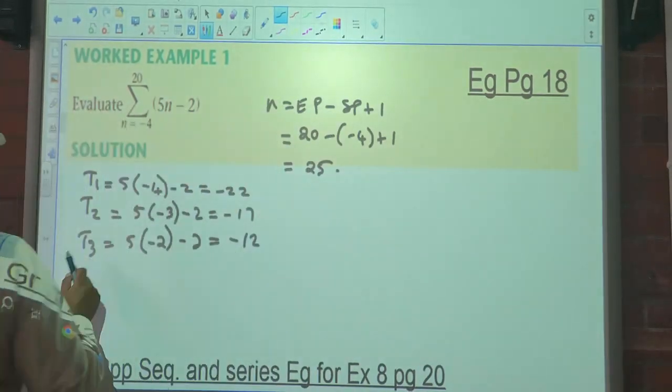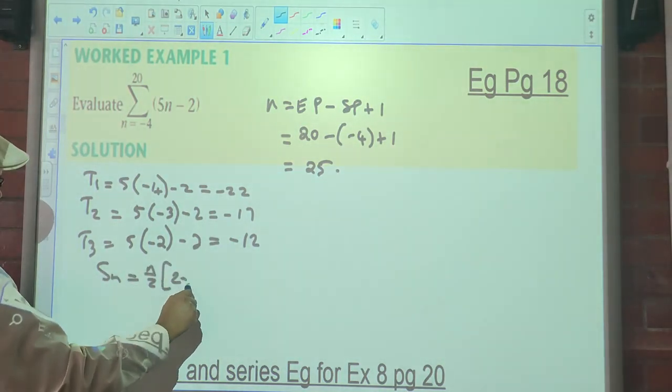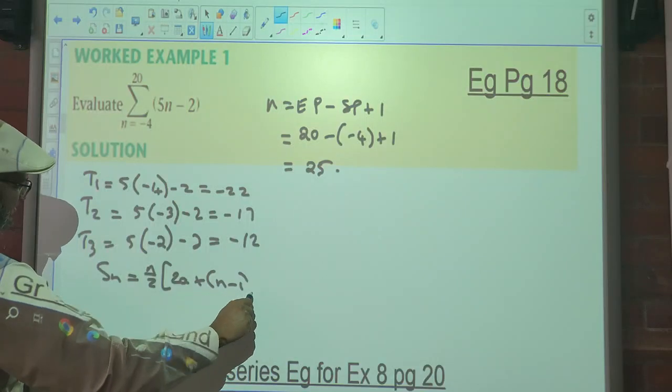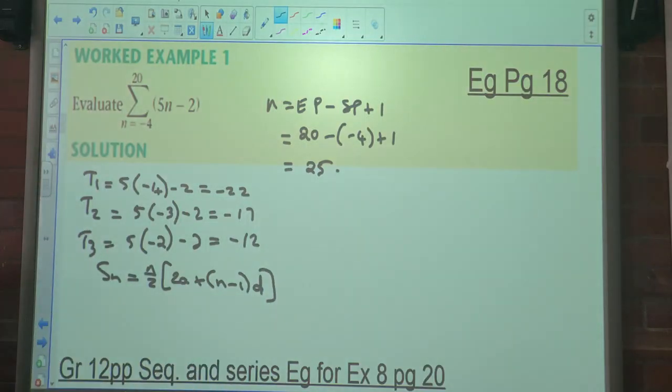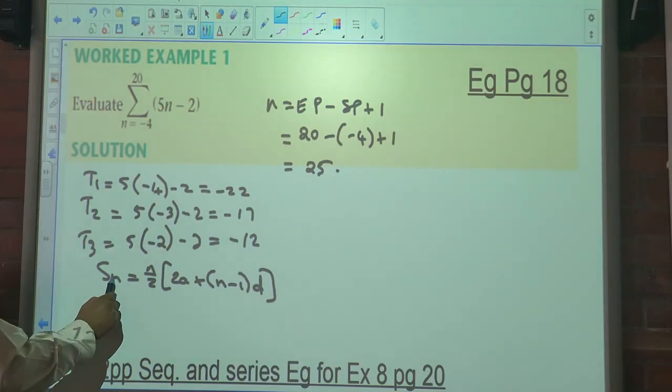So the formula I'm going to use here is Sn is equal to n over 2 into 2a plus (n minus 1)d. Why am I going to use this formula? Because sigma stands for the sum of. Okay. So what's the value for n?